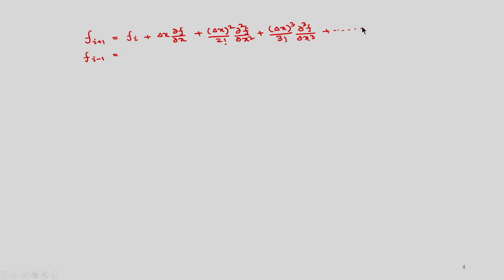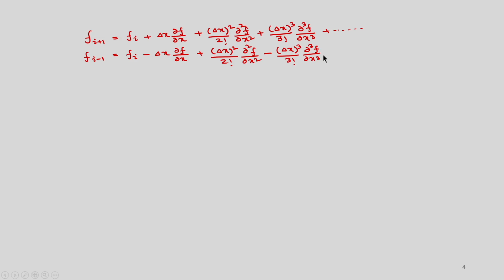So, there will be other terms, and similarly you can write f i minus delta x del f by del x plus delta x square by factorial 2 del 2 f by del x square minus delta x cube by factorial 3 del cube f by del x cube.